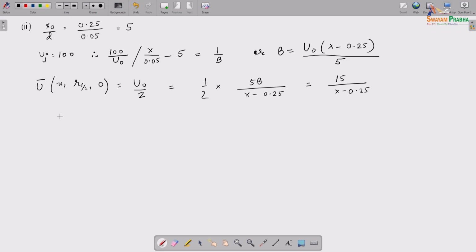So what we're saying is this. Let's say at x is equal to 1.25, u mean at 1.25, r half 0, is equal to 15.